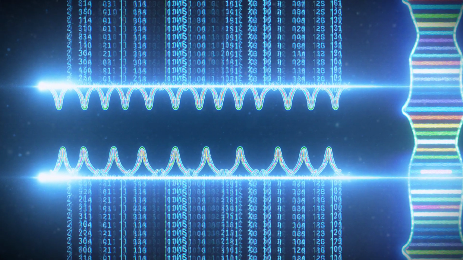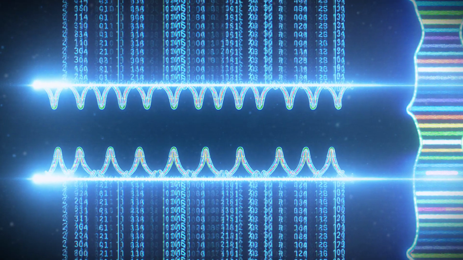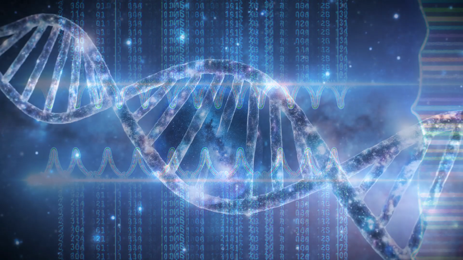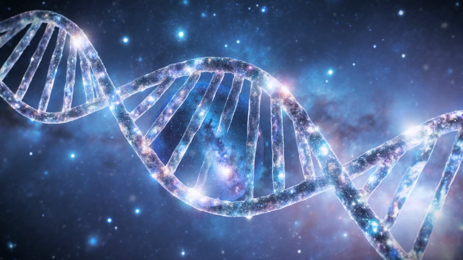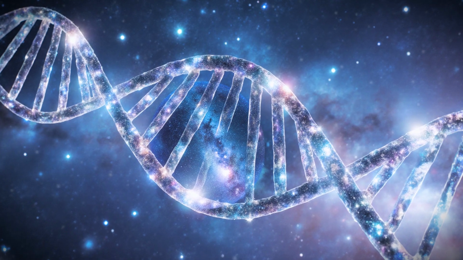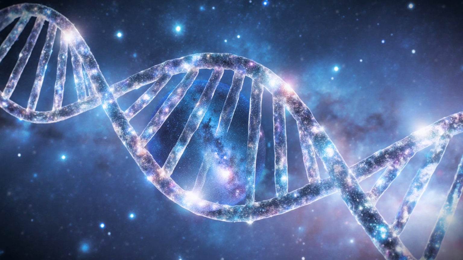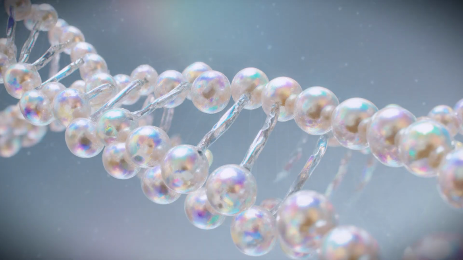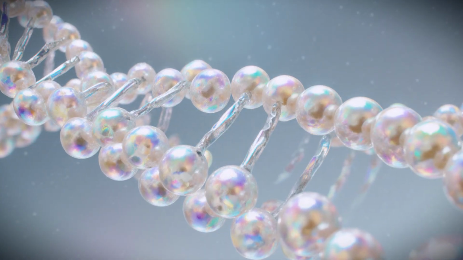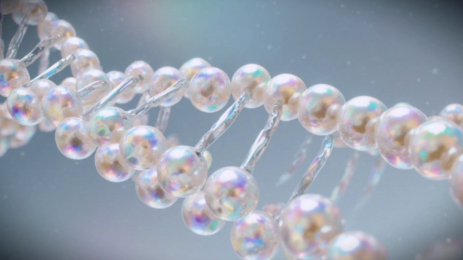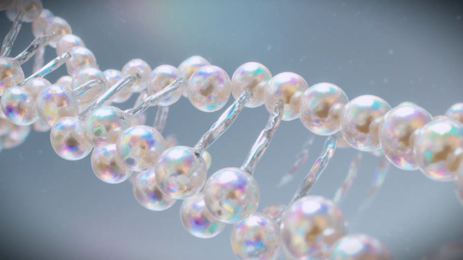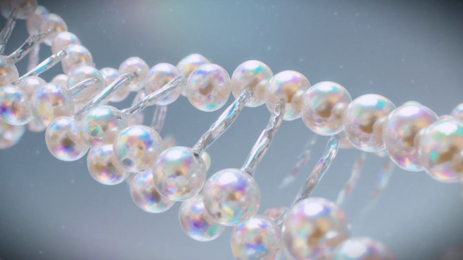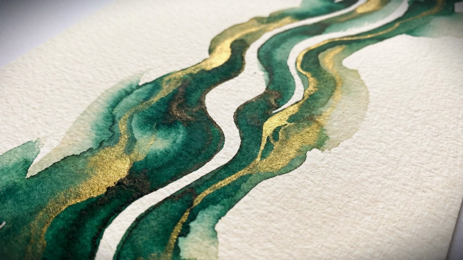The chemical stability of DNA under physiological conditions is remarkable but not absolute. DNA is vulnerable to damage from multiple sources, including spontaneous hydrolysis breaking chemical bonds, oxidative damage from reactive oxygen species, UV radiation causing thymine dimers, and various chemical modifications.